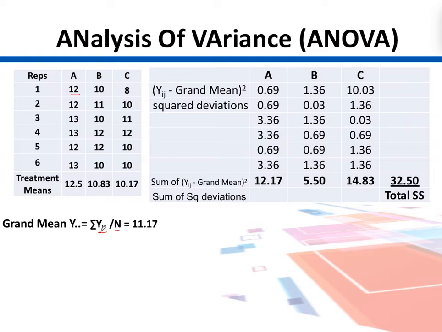We can calculate the individual treatment means and divide by 3, or we can take all the observations, sum them up and divide by the total number of observations, which is 18. So either we can get it from those treatment means or from all those individual numbers. So this grand mean is 11.17.